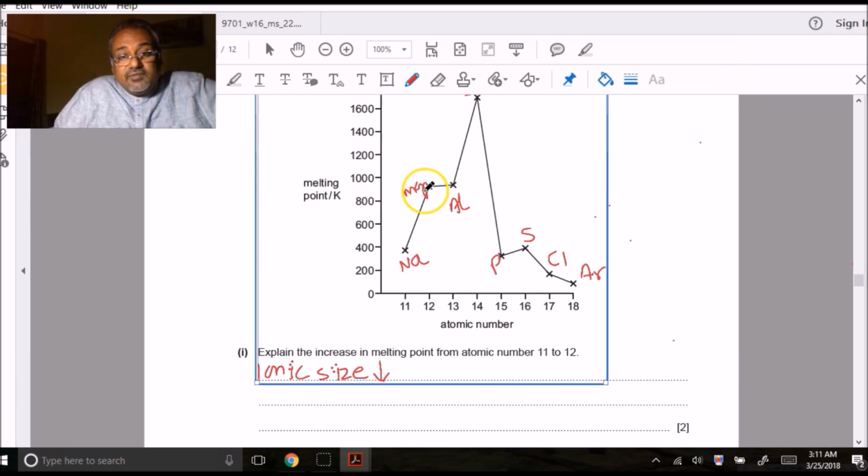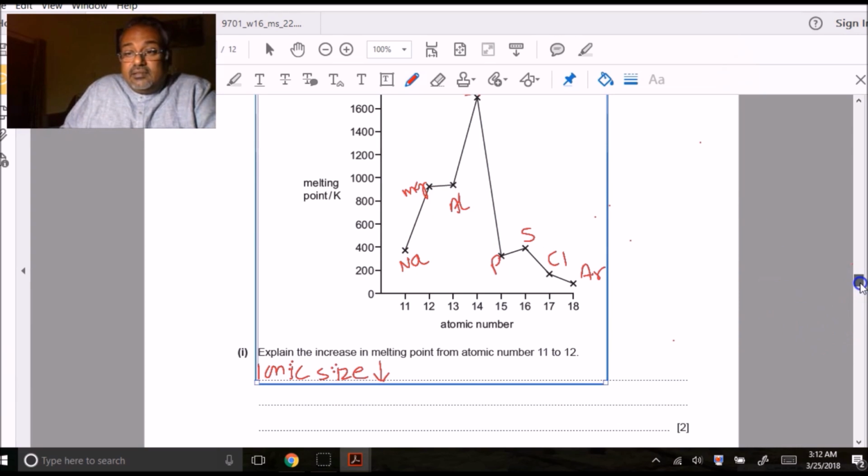Now, there's a huge difference between the magnesium ion and the sodium ion. The sodium ion is significantly larger than the magnesium ion. But between these two, the difference in the size of the ions is not that great. So you could say that the ion size difference between these two is much more than the difference in the size of ions between magnesium and aluminium. So that's the reason why this change is not very dramatic in these two compared to this one.